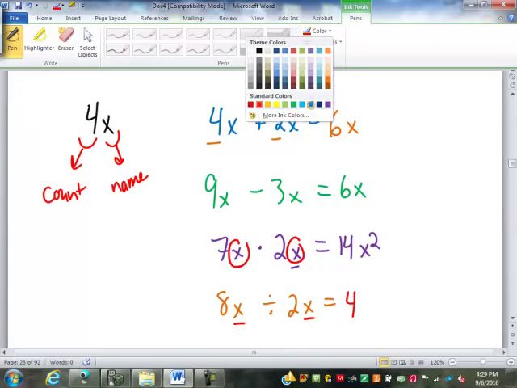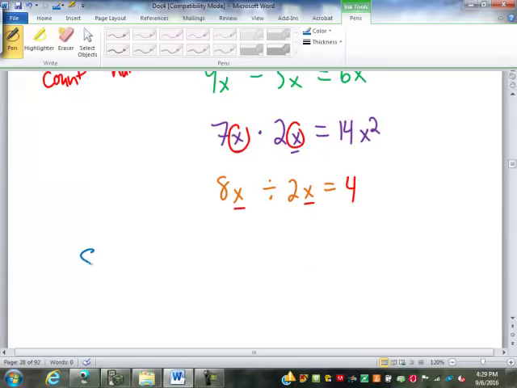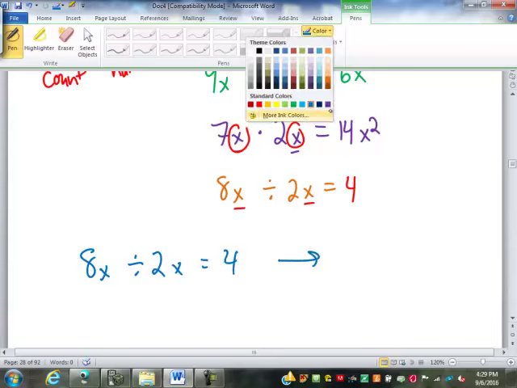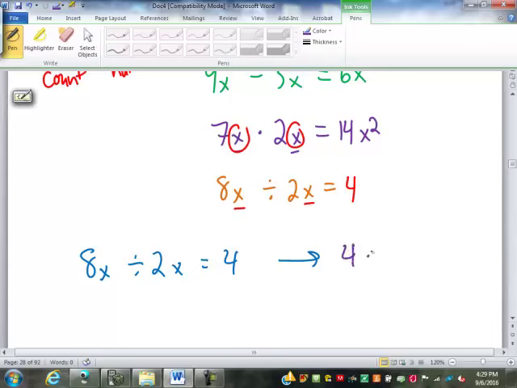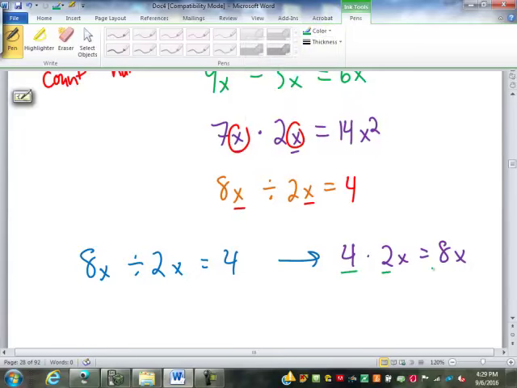Because remember, the definition of division, 8x divided by 2x equals 4, means we have to be able to do 4 times 2x equals 8x. 4 times 2 makes 8. Nothing times x makes x.